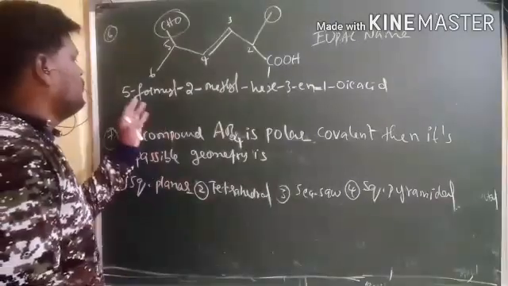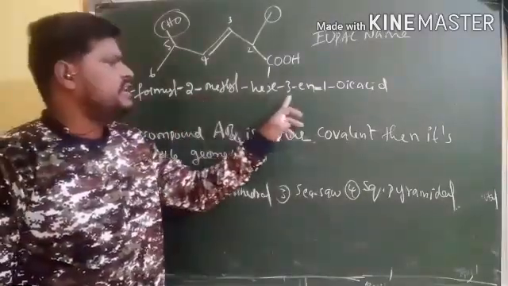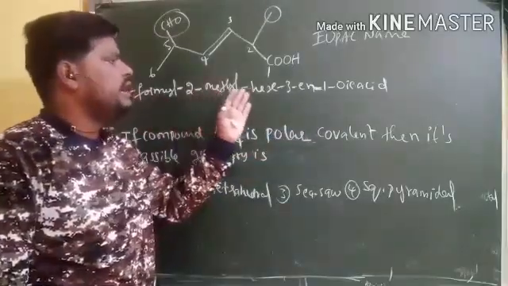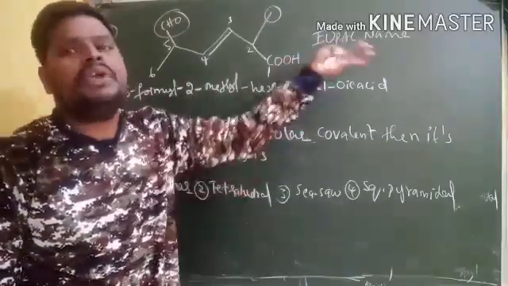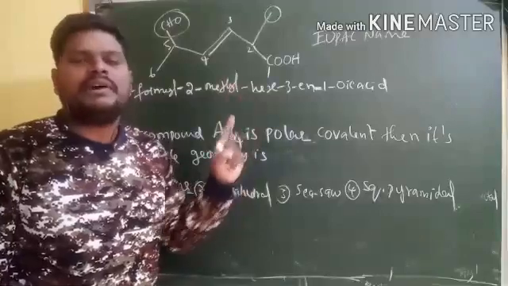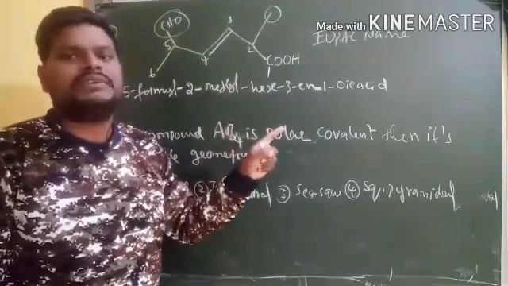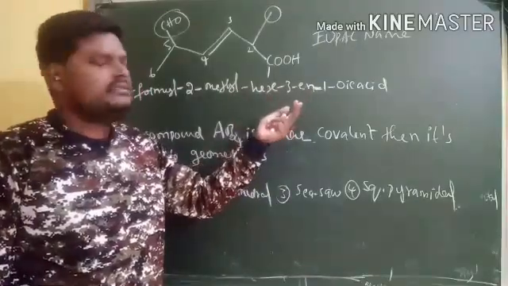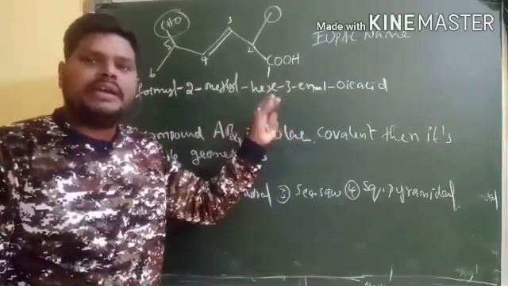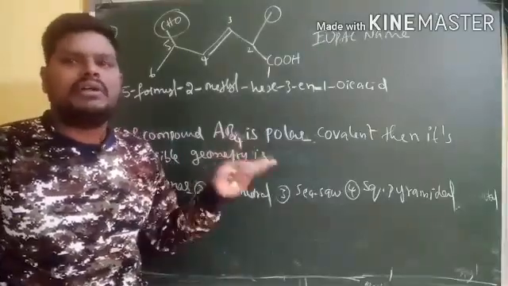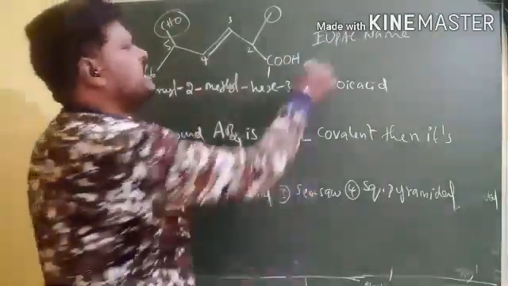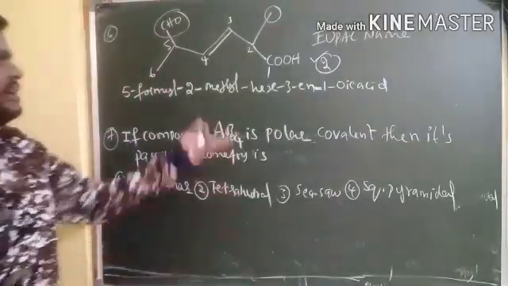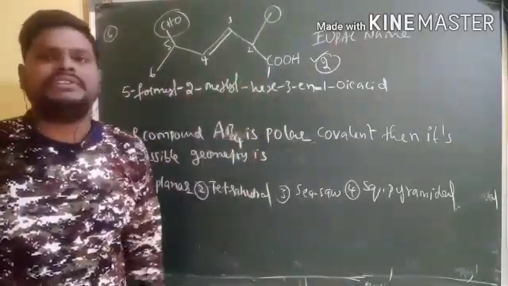So 5-formyl-2-methylhex-3-en-1-oic acid, or you can write 5-formyl-2-methylhex-3-enoic acid, because the functional group is number 1. That's why you can write directly hex-3-en-1-oic acid or 3-enehexanoic acid. So all are correct here. So according to the question, the second option is the correct answer. Right? I didn't write the options here, but the second one is right.